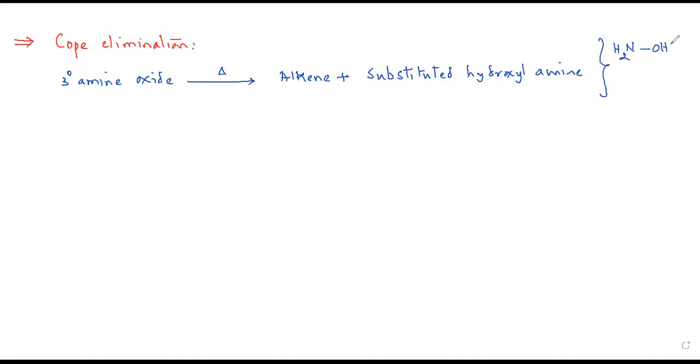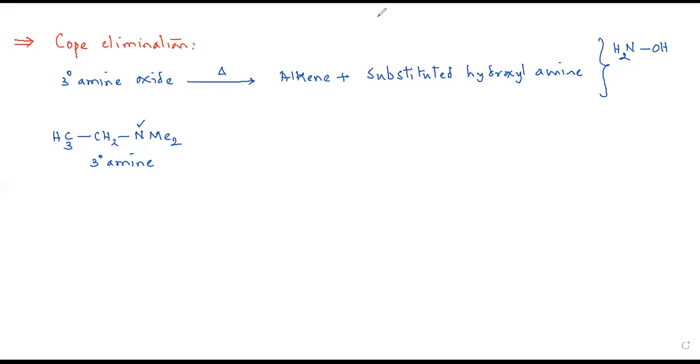We'll see how a 3-degree amine oxide is formed in the first step. Then we'll go for the pyrolysis of that amine oxide. Come on, let me take a tertiary amine first. So this is the tertiary amine. You got nitrogen.